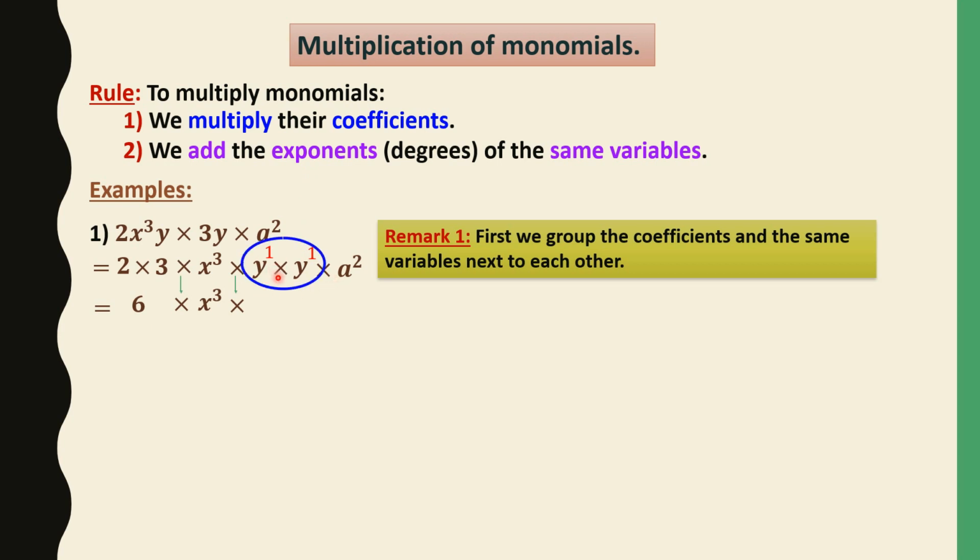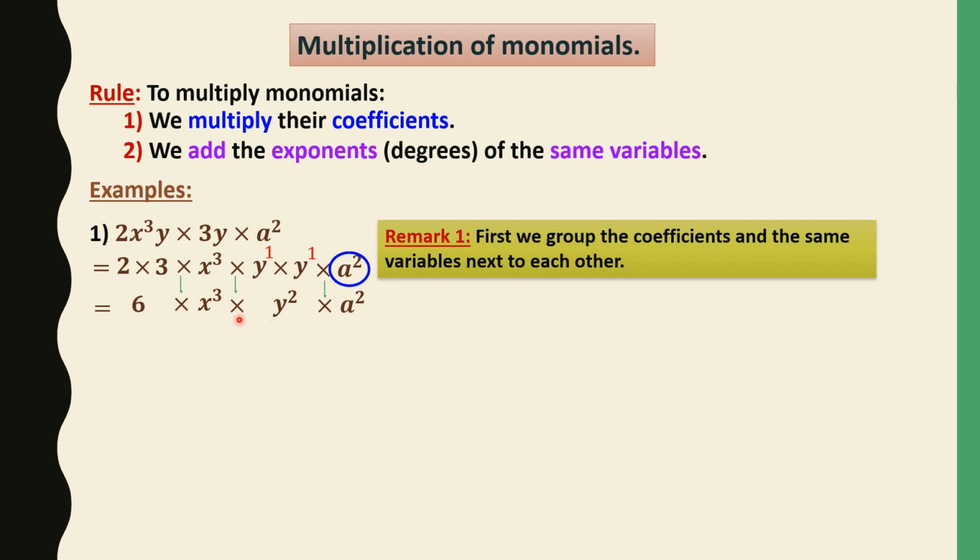So y exponent 1 times y exponent 1 equals y exponent 1 plus 1, it's y exponent 2. So we write y exponent 2. And in the end, a squared, we don't have another variable a or power of base a, so we copy it. We copy the times and we copy a squared. These two steps are done.